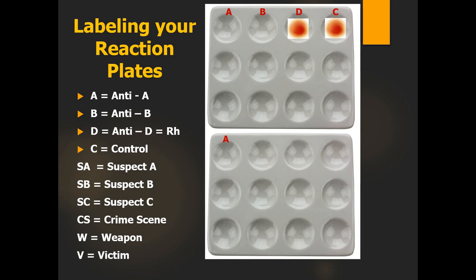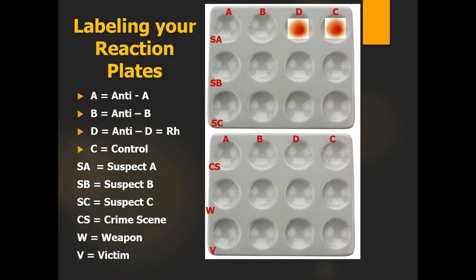Just make sure the top on both of these has A, B, D, and C. Remember, C is your control. That's why they're not in order. Then down the side that has only 3, you're going to put subject A, subject B, subject C, crime scene, weapon, and victim.